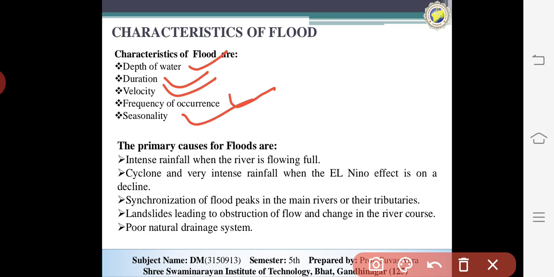Building foundations and vegetation have different degrees of tolerance to inundated waters. So this is called the depth of water. Then the duration. Duration means the damage to structures and infrastructure is related to the length of time of water influence.